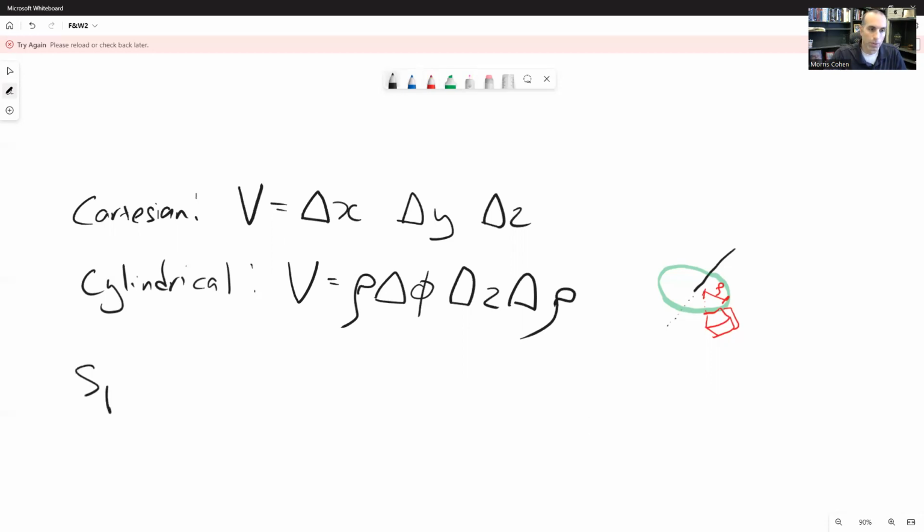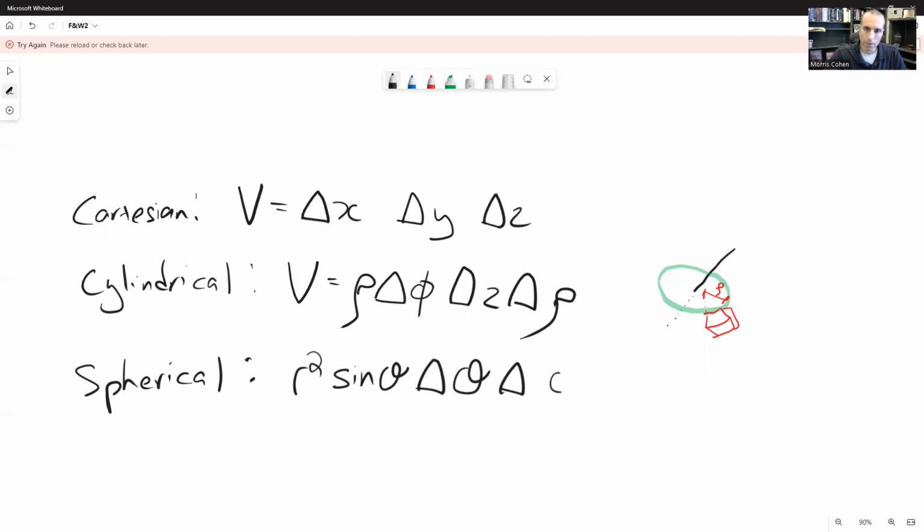For spherical coordinate systems, this will equal r squared times sine theta times delta theta times delta phi times delta r.